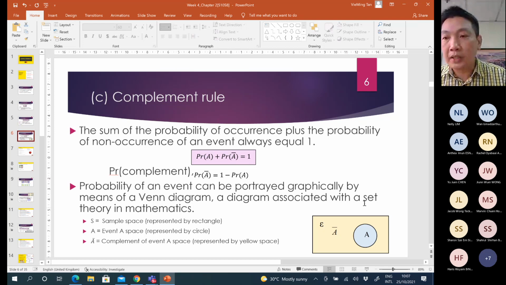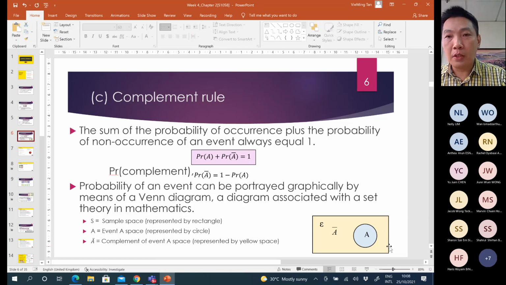I can also use a Venn diagram to represent the relationship between A, non-A, and the sample space. Sample space refers to all of the possible elements in the activity, so it can be represented by a rectangle. The whole thing, the beige one, is S, all of the possible outcomes, which we call the sample space.